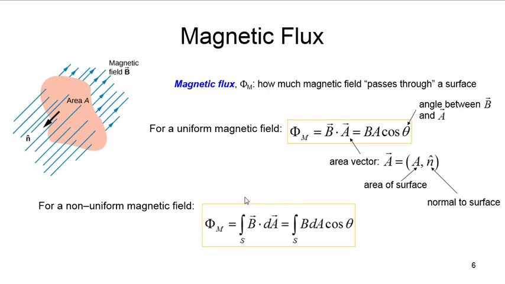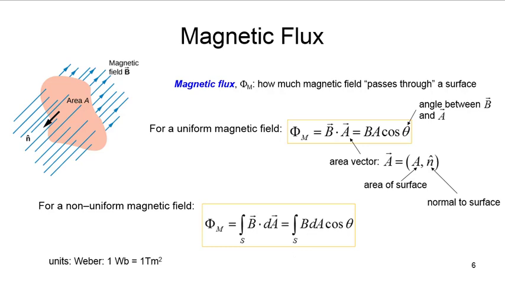So we chop our area into chunks so small that on each tiny bit of area we can consider the magnetic field to have one single value. Then you do that for every single area and add them all together, and that's your integral. We'll practice that in a second.